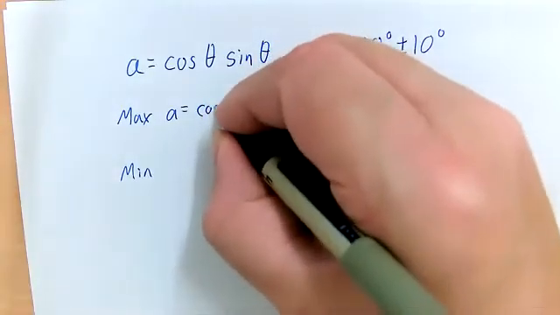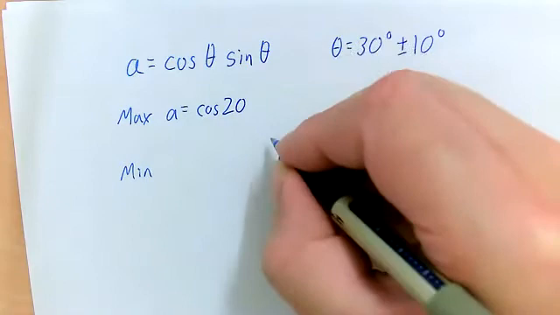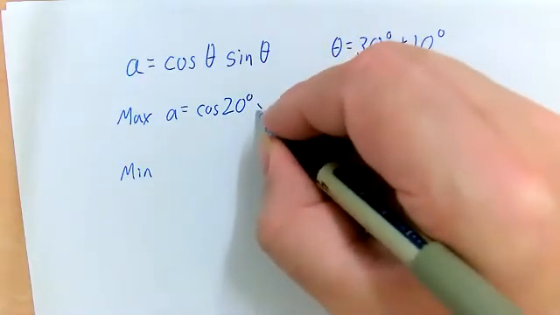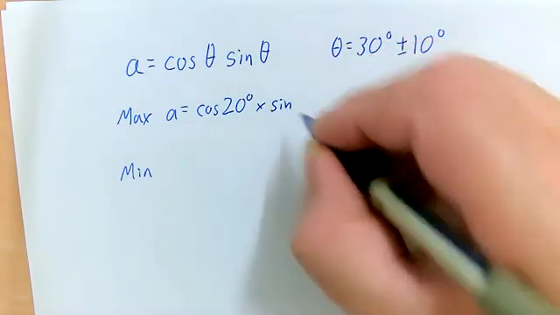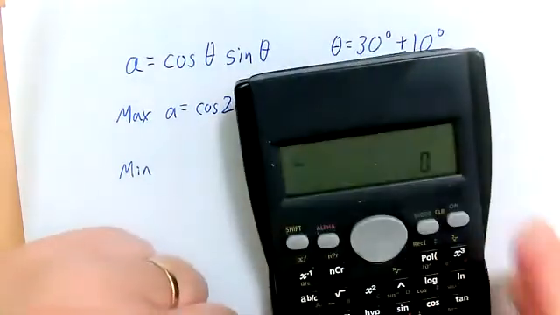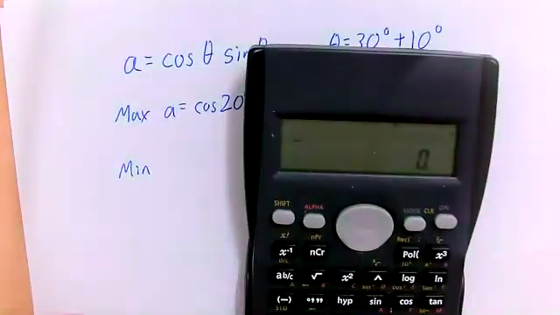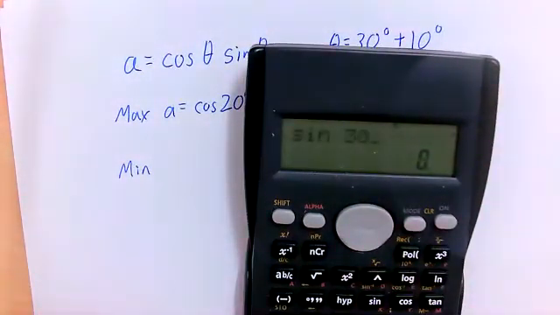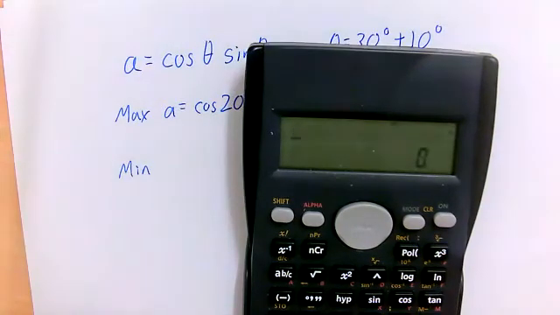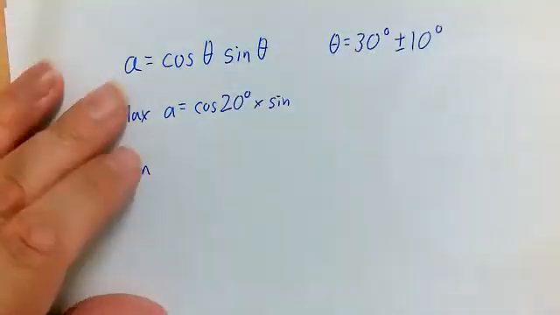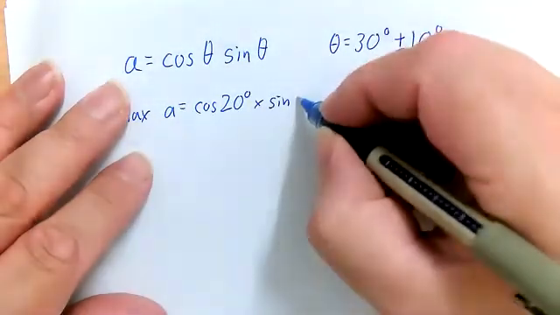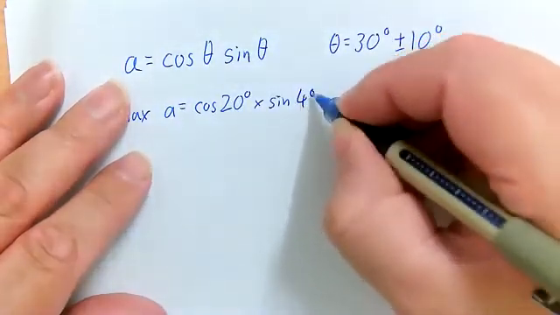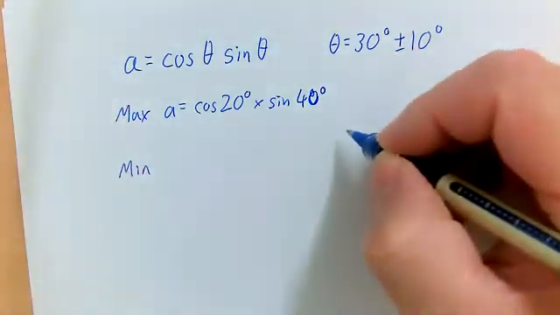So it'd be the cosine of 20, because that would give me the highest possible number, multiplied by the sine. Well, the sine of 30 and the sine of 40. Sine of 30 is 0.5. The sine of 40 is a bigger number, so I'd want to use my maximum possible value. So it'd be the sine of 40 degrees. Okay?